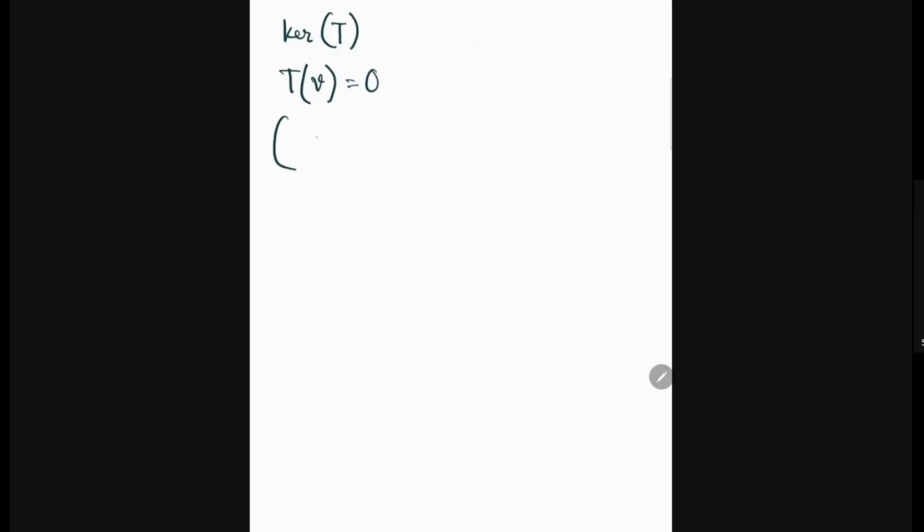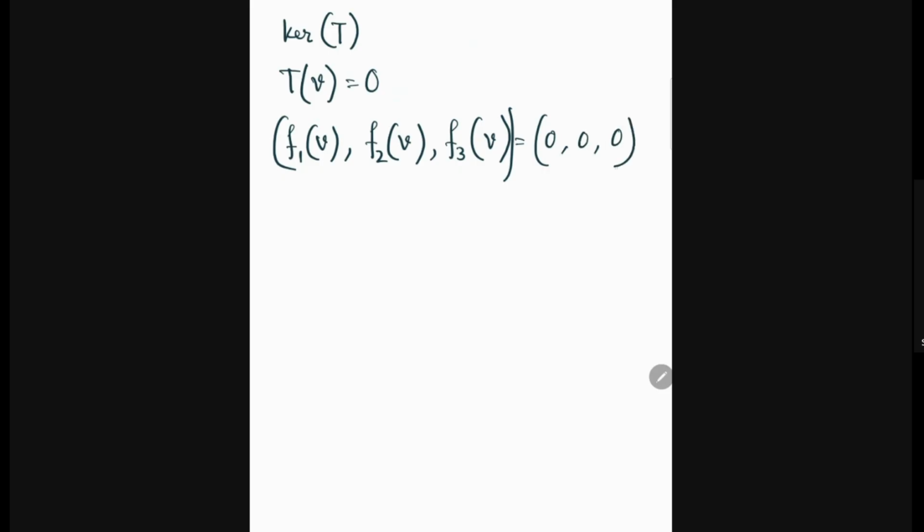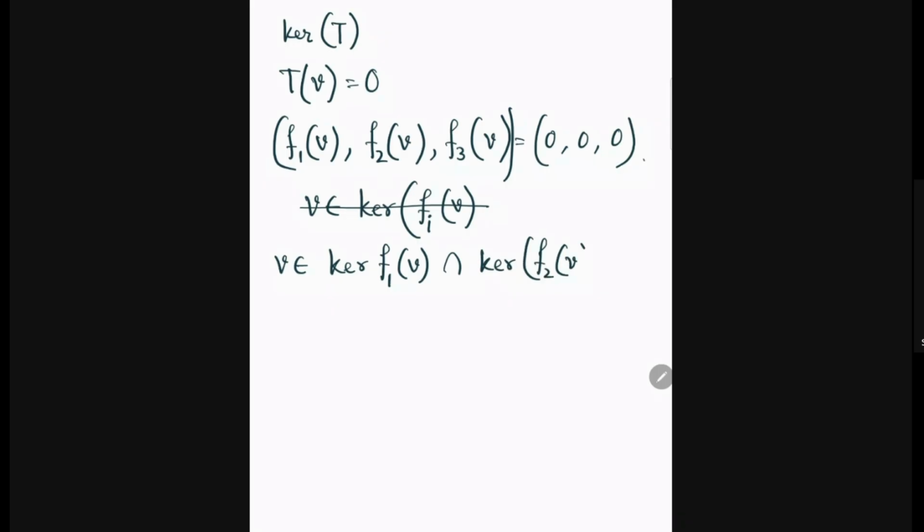So if F1 V, F2 V, F3 V are 0, 0, 0, then V belongs to kernel of F1 intersection kernel of F2 intersection kernel of F3. V should belong to the kernel of all Fi's.